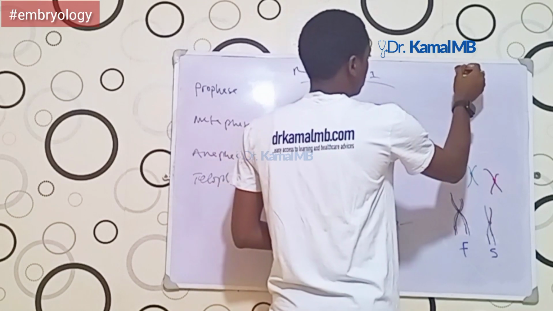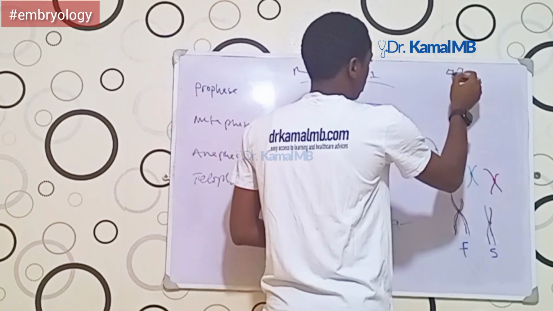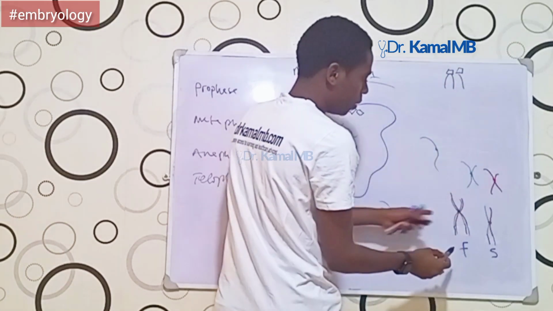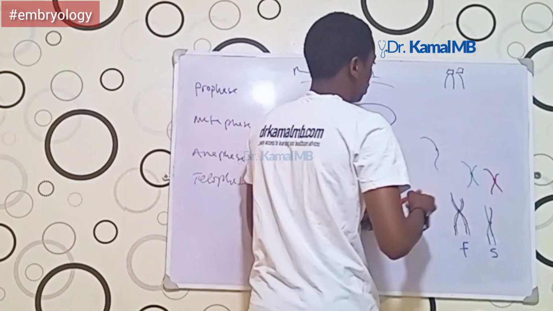Assuming this is inside the cell, the centrioles like this, they will create spindles since the chromosomes are having different colors like this.